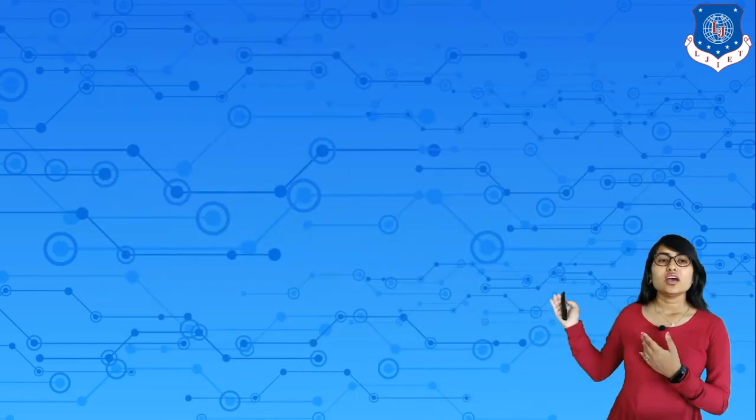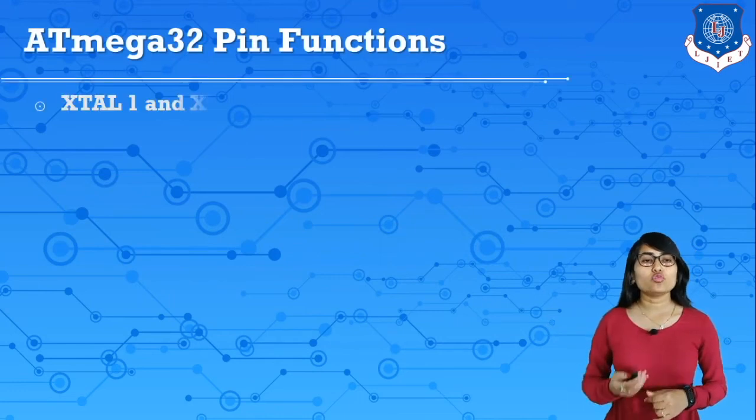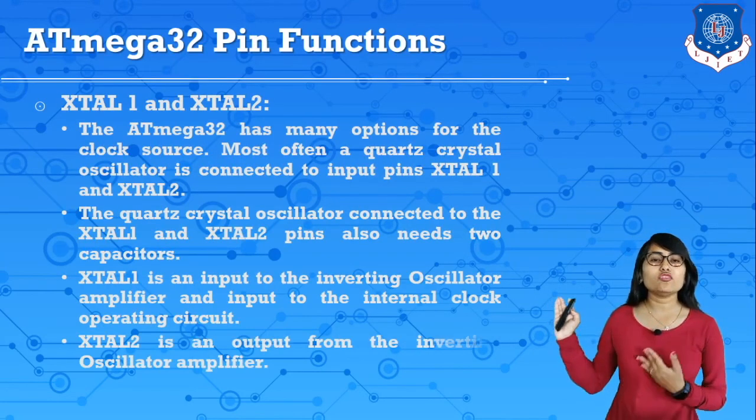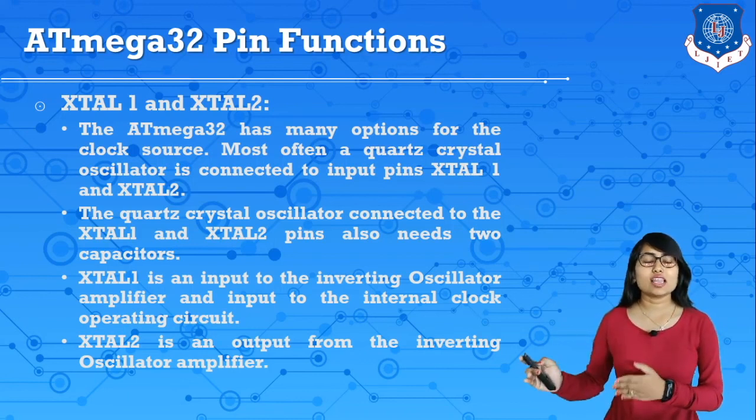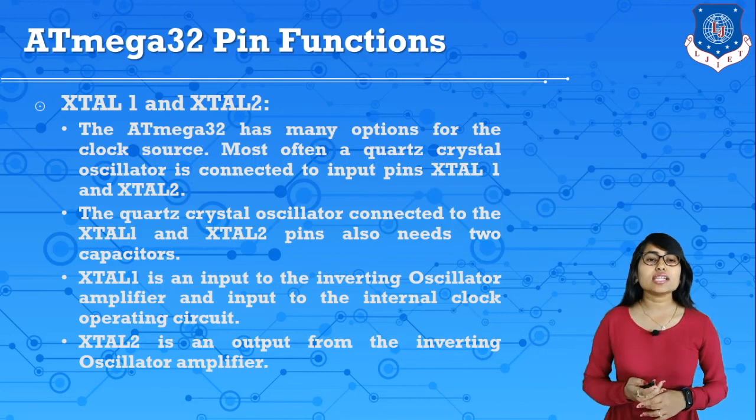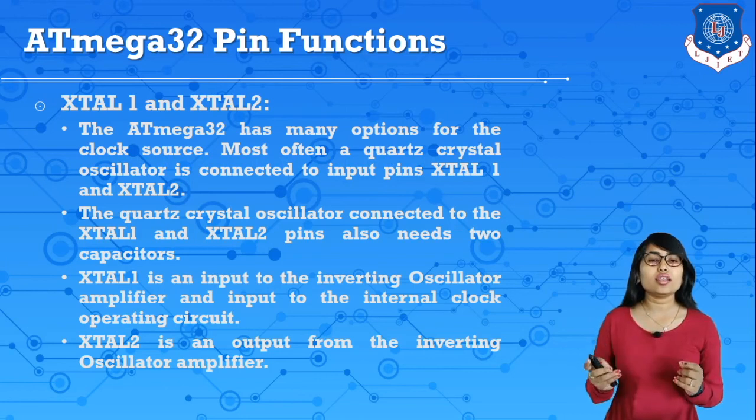And next there are XTAL1 and XTAL2. These are basically for the clock source. The ATmega32 has many options for the clock source. Most often a quartz crystal oscillator is connected to the inputs XTAL1 and XTAL2, with capacitors. These are all used for clock signals.